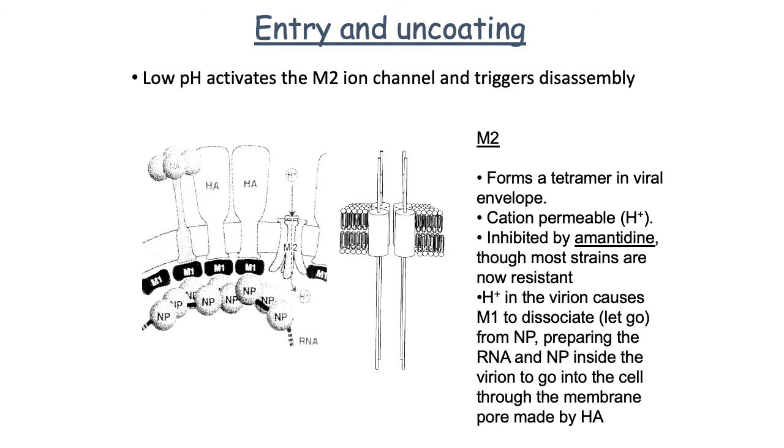We're going to let in that little H+, the little acid ions, protons, and they are going to get in between the nucleoprotein and M1 and just cause them to let go of each other so that the virus is now ready to release. And M2 is a little tiny ion channel, so it just makes a little pore, like a little tube through the membrane, like a little Mario pipe, basically, that H+ ions can go down.